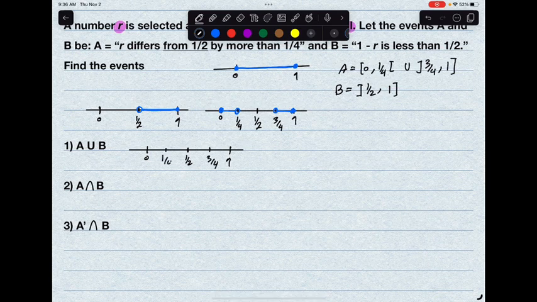Whatever we have in A, whatever we have in B, we put them all in one set, and that's going to be A union B. These two parts give me A, and this is B. Now A is from 0 to 1 over 4, and 3 over 4 to 1.